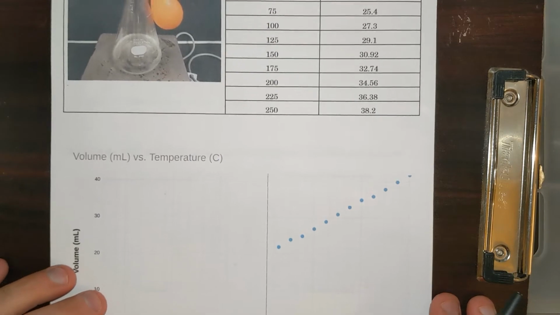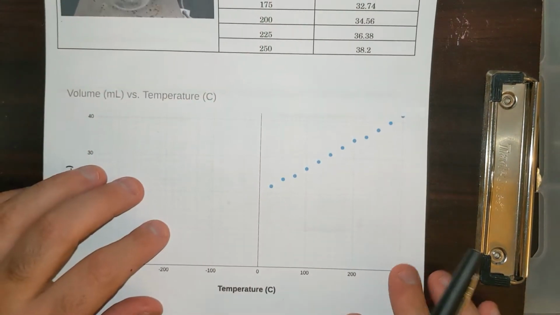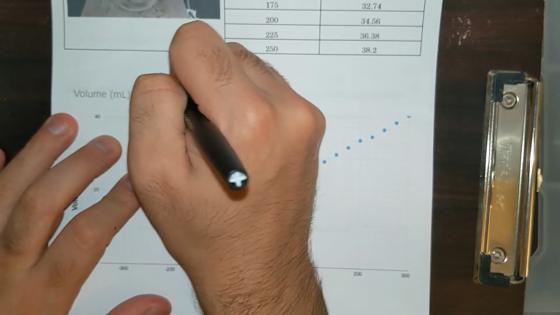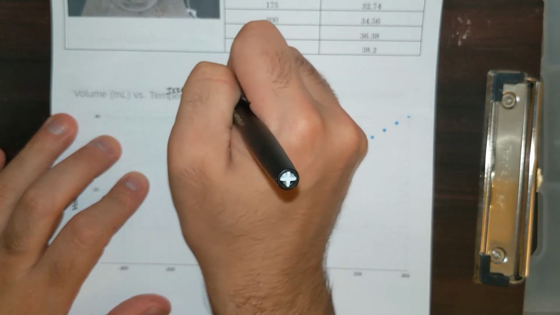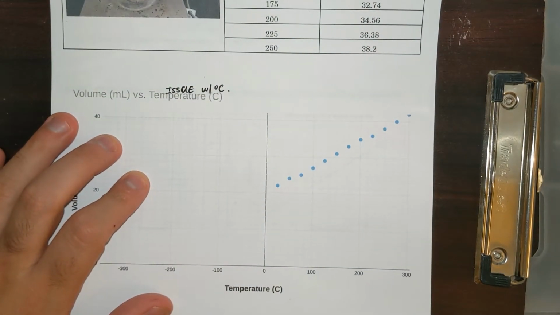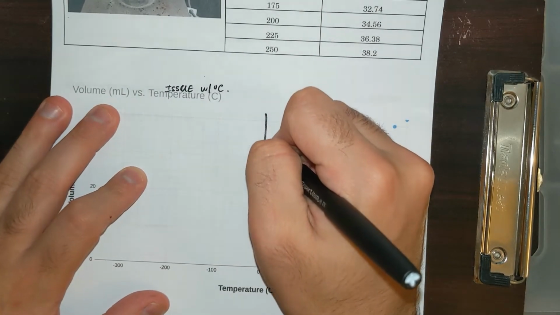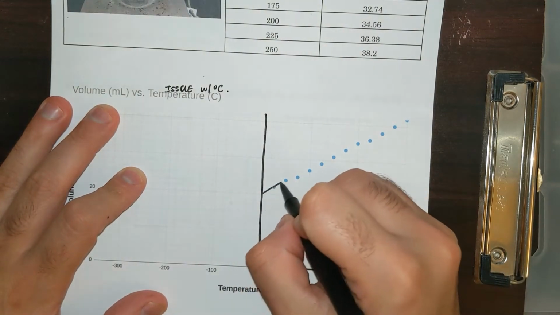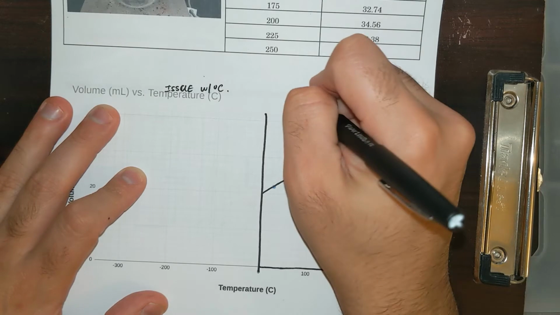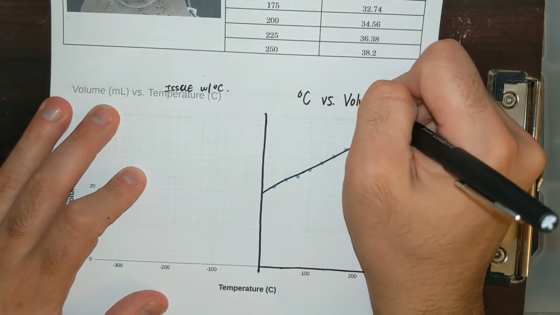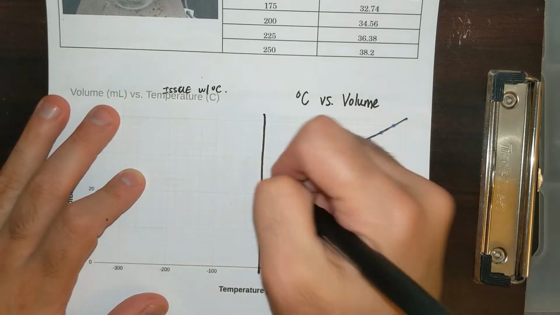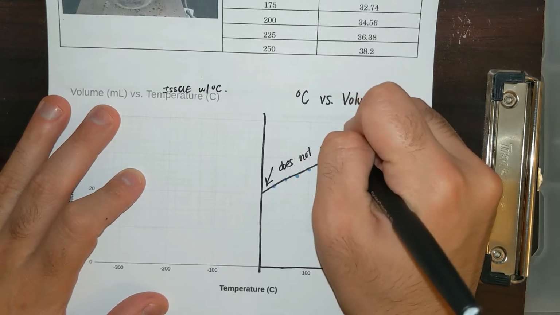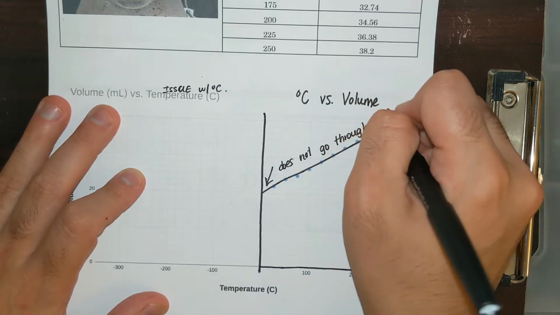Now I could see that it's increasing, but there's an issue here, and we're going to call this the issue with degrees Celsius. If I look at this graph of degrees Celsius versus volume, I notice that it does not go through the origin of 0, 0.